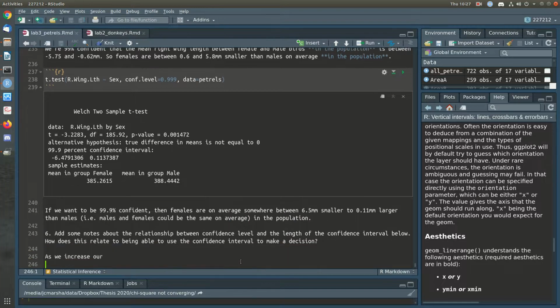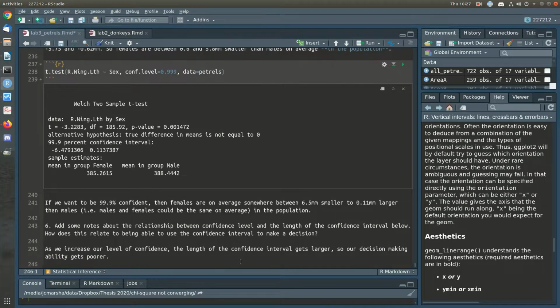Right, so as we increase our level of confidence, the length of the confidence interval gets larger, so our decision making ability gets poorer. Right? We essentially are giving a vaguer answer. We're giving a broader answer.